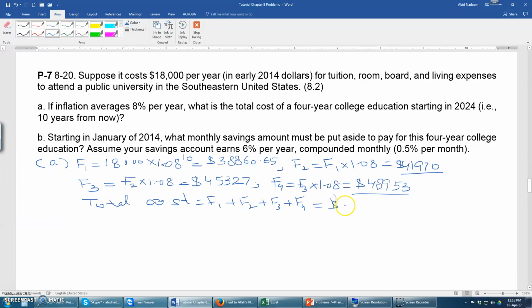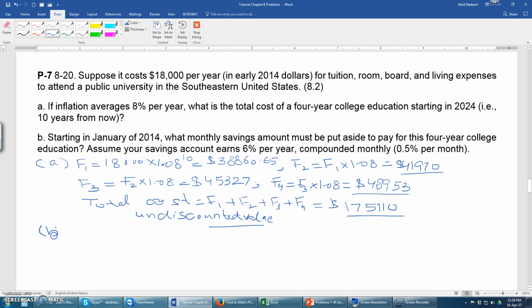So this will be $175,110. So this is the undiscounted value. If some interest rate is involved, then this amount is just for reference basically. From the economic point of view, the present worth of this cost will be more relevant.